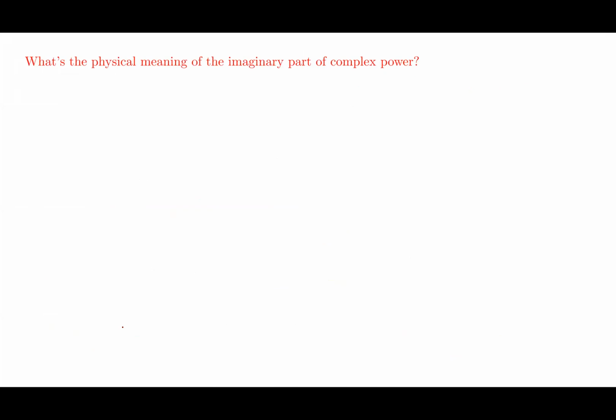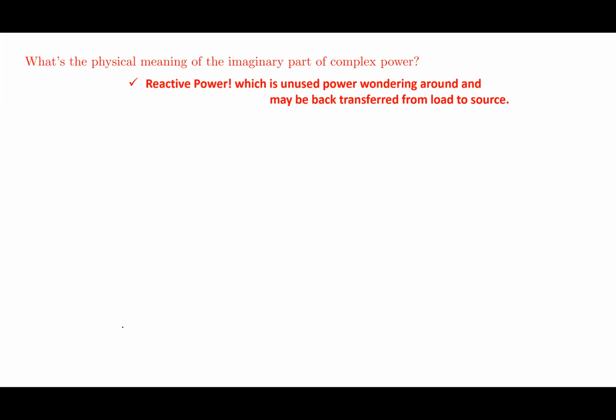Then what is the physical meaning of the imaginary part of it? In order to understand it, it's better to revisit the circuit theory. From the circuit theory, we know that the imaginary part of complex power is reactive power. Reactive power is unused power wandering around in a circuit.